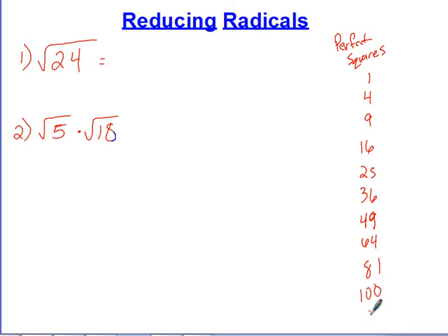And does it stop there? No, it can be 121, 144, 169, and so on and so forth, right? So they go on forever. I don't really need those big ones because my numbers are not that big.